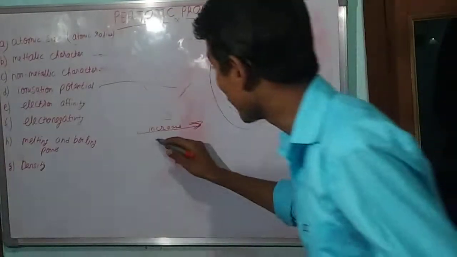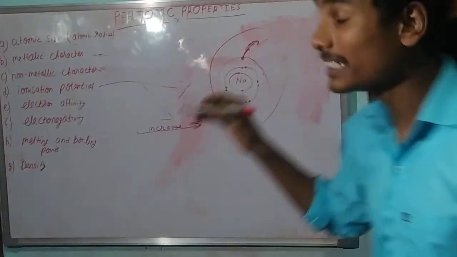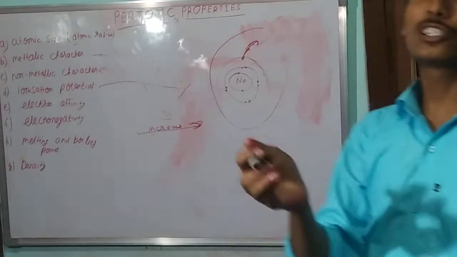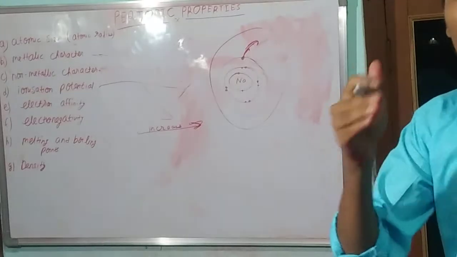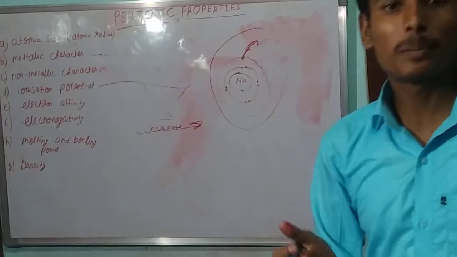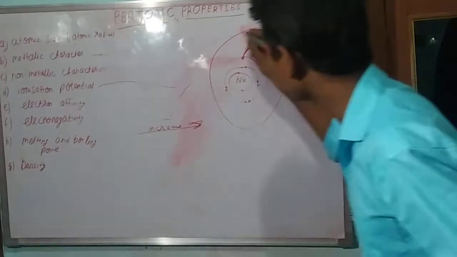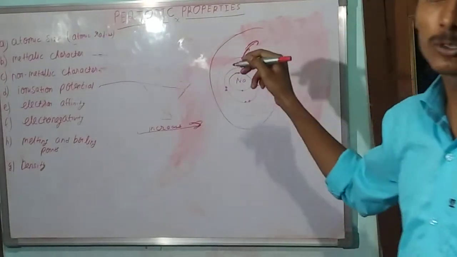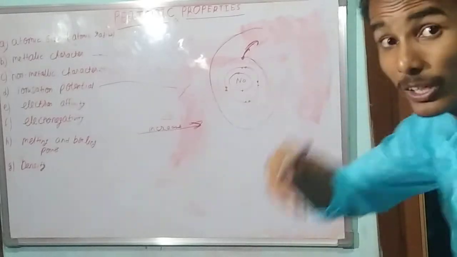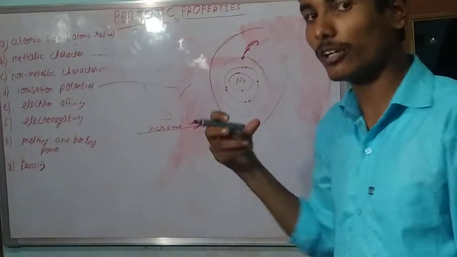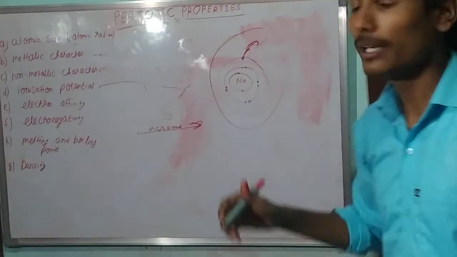So non-metallic character increases because the number of valence electrons across a period increases. So there are more electrons in the outermost shell, so more energy is required to remove an electron from the outermost shell.